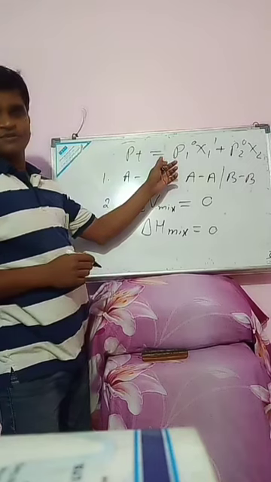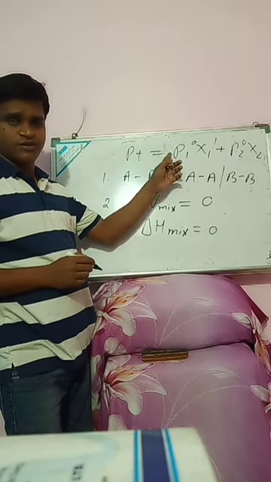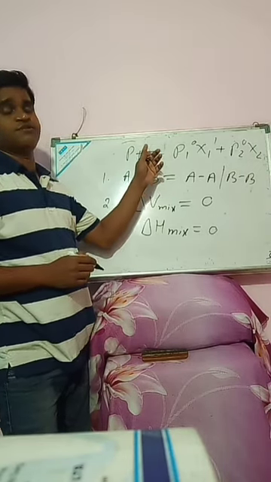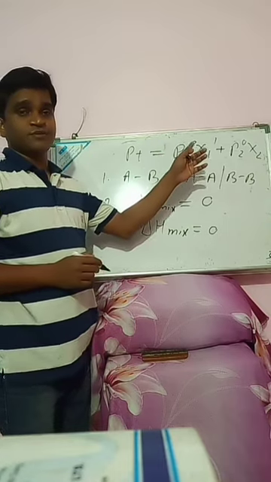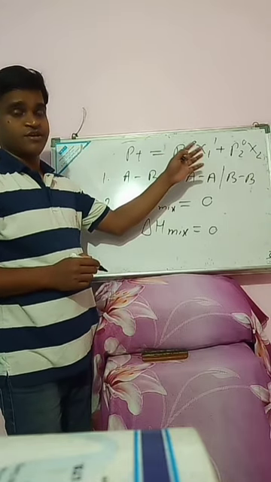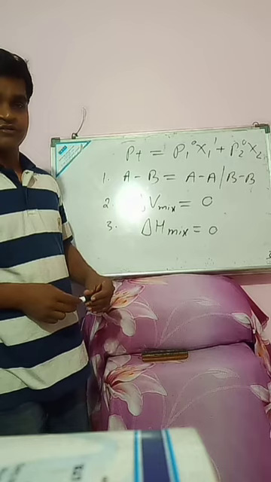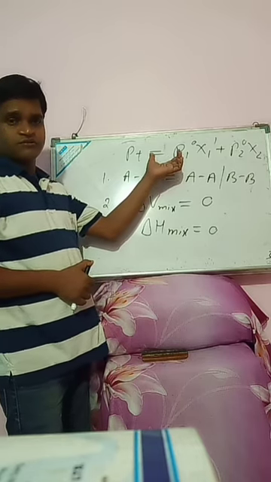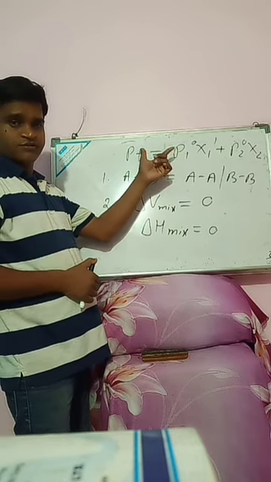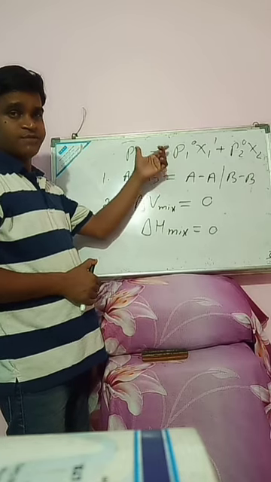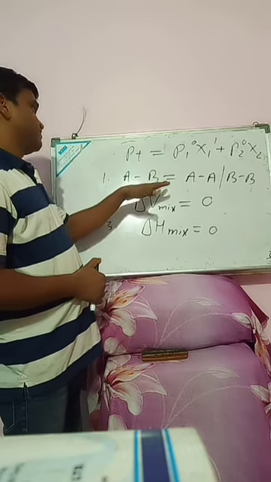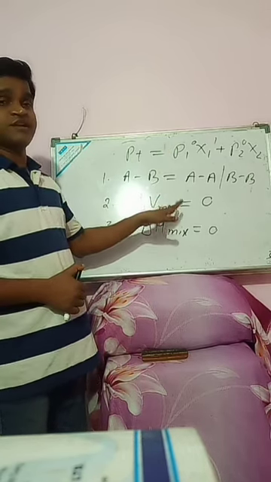This is the definition, that is the solution for which the total vapor pressure is the sum of the partial vapor pressure of the individual components is said to be ideal solution. This is Raoult's law. The solution which obeys this Raoult's law, that is this mathematical expression, is said to be ideal. For that, these three criteria must be satisfied.